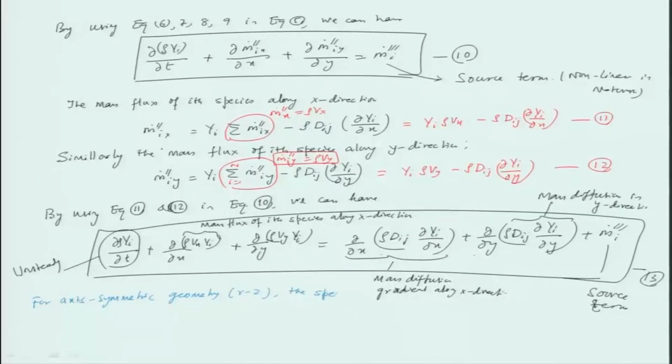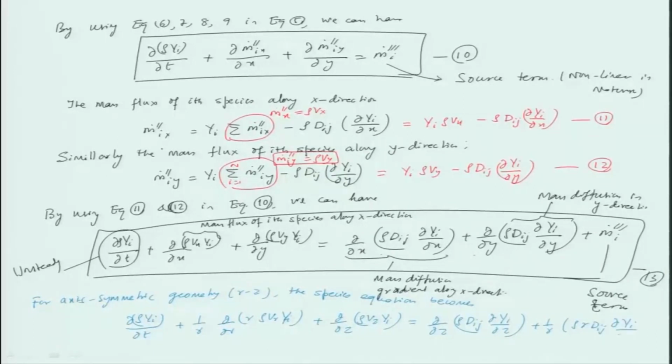The species equation becomes: dou by dt plus 1 by r dou by dou r of r rho v r y I, plus dou by dz of rho v z y I, equal to dou by dz of rho D_ij dou y I by dz, plus 1 by r dou by dou r of r rho D_ij dou y I by dr, plus m dot triple dash I.